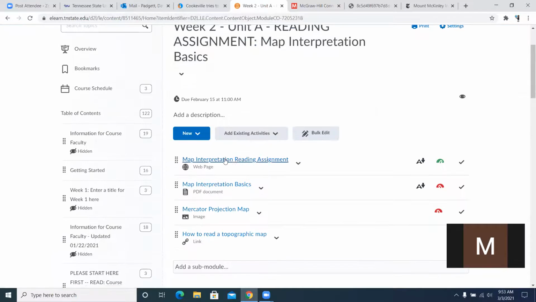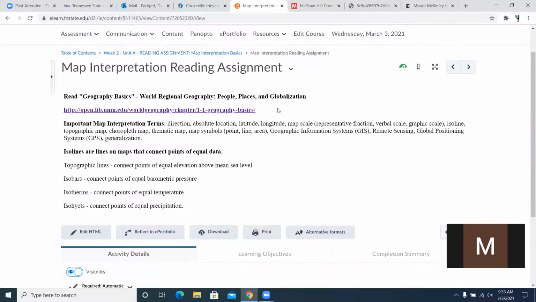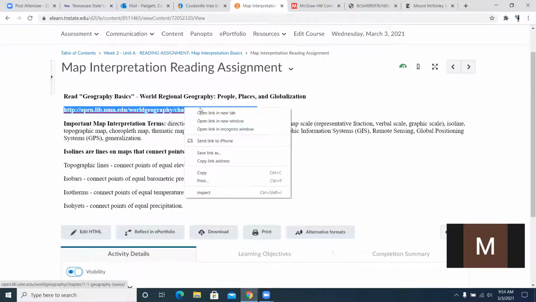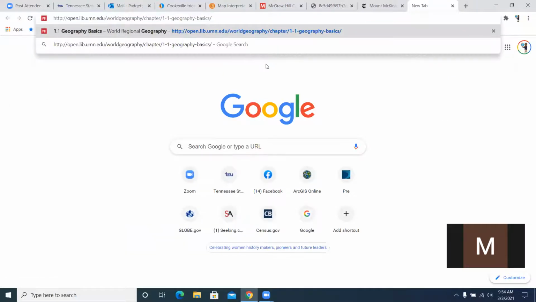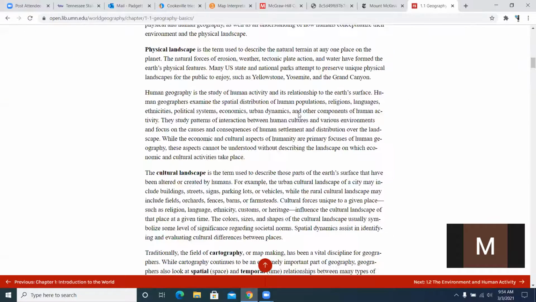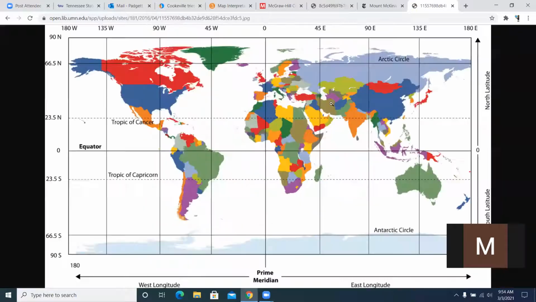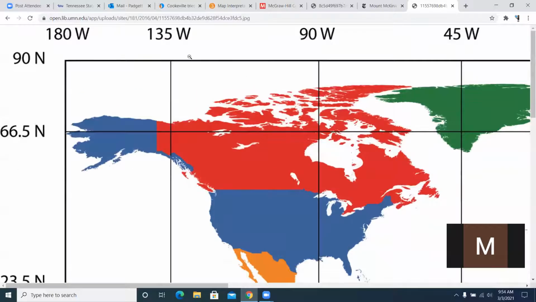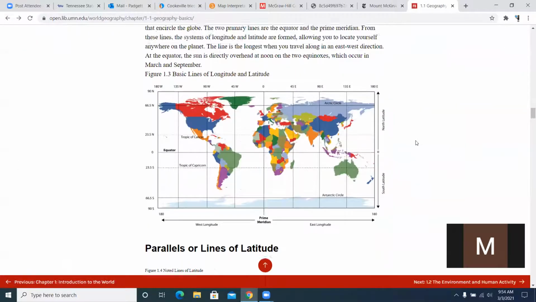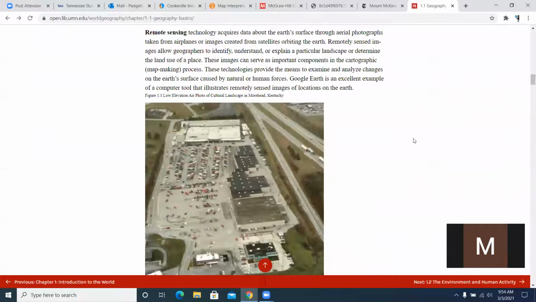The best one is in here. If you notice in this reading, scroll down to the Mercator projection. This is the correct position of the Tropic of Cancer. Notice it's 23.5 degrees north, but it goes right past the tip of the Baja Peninsula, and it does not go through Florida. So some cartographer made a mistake on that map. Just wanted to point that out, just so you'll know.